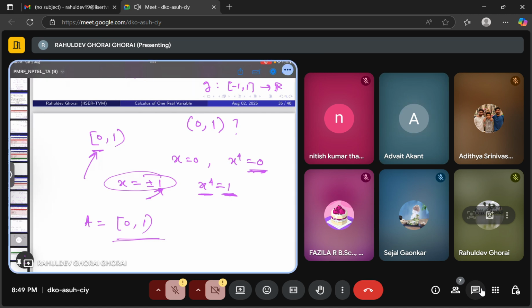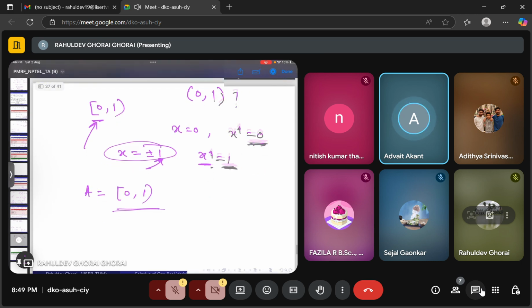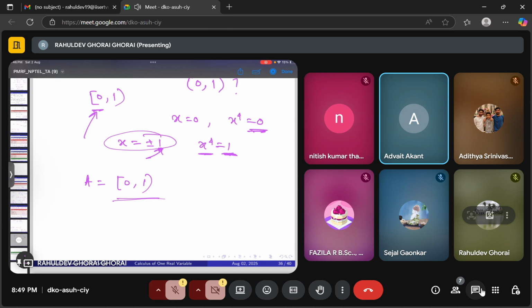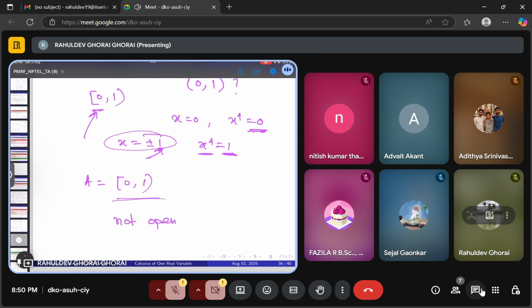You cannot find a neighborhood around 0, so it's not open. Yes, you are correct. It is not open, but you cannot say it is not closed, right? Not open does not imply not closed. It can happen that it is neither closed nor open.